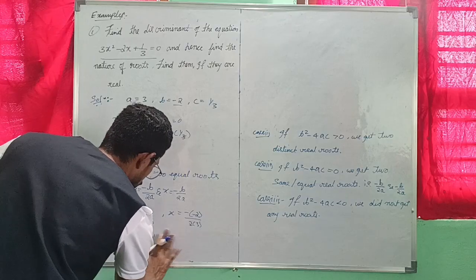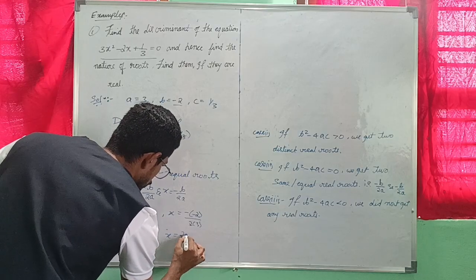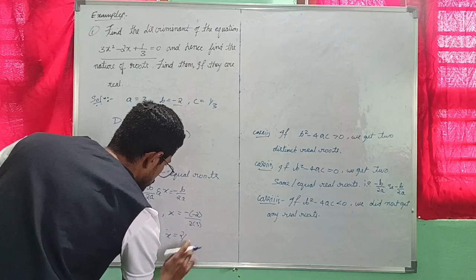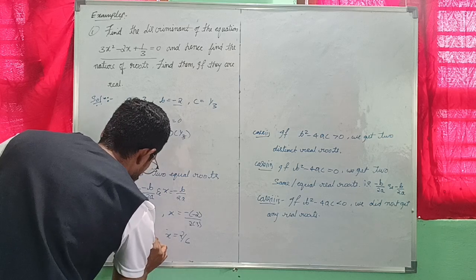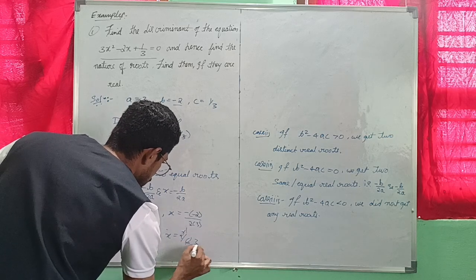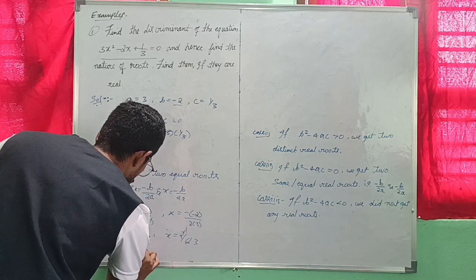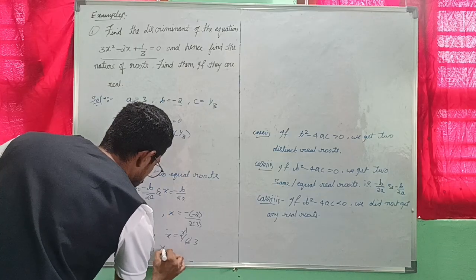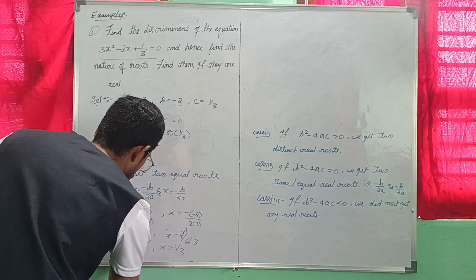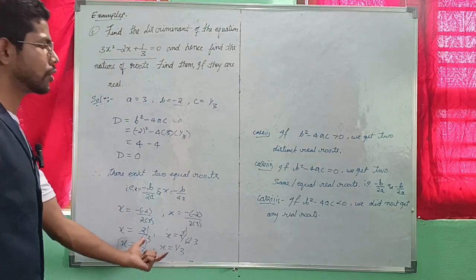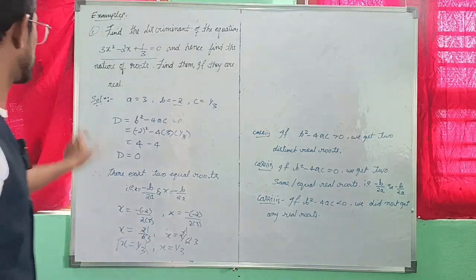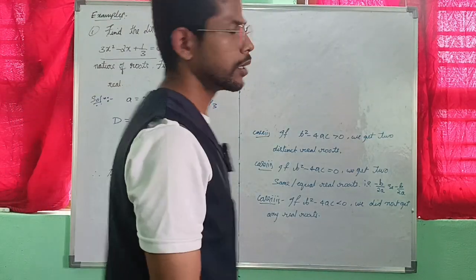That is, 2 ones are 2, 2 threes are 6, so x equals 1 by 3 and x equals 1 by 3. There are the same roots here. Okay, so this is the first problem.